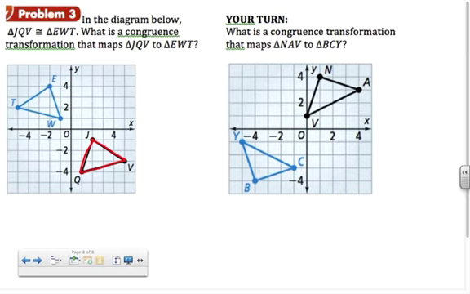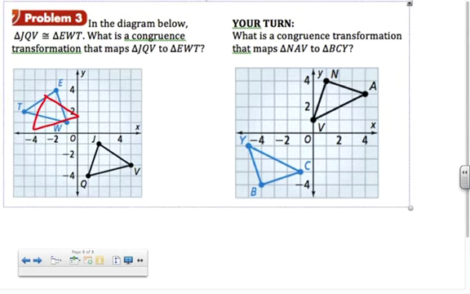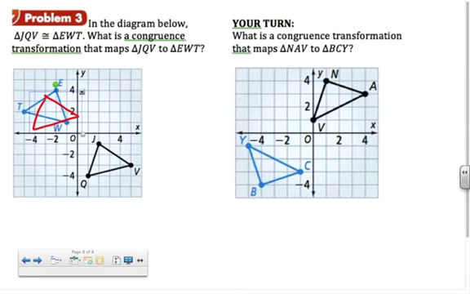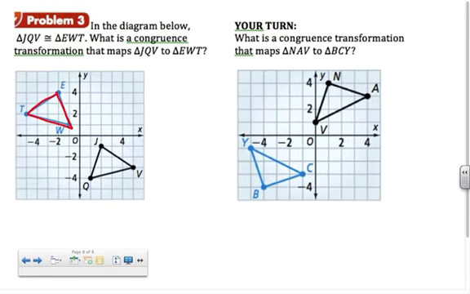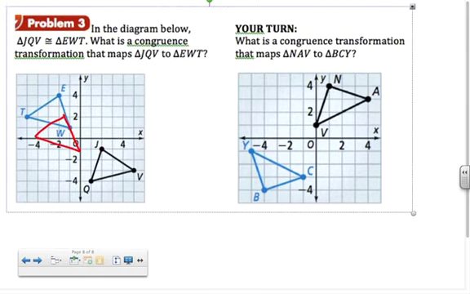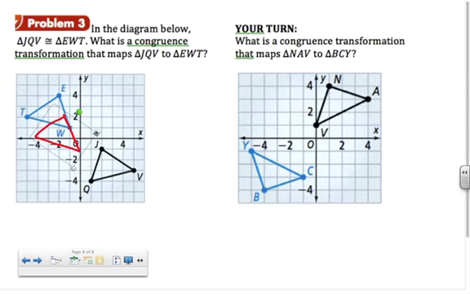I don't have tracing paper for my board, but I can take this triangle and I can turn it, if it cooperates with me. You'll notice it's close, but does it quite line up? Maybe. Let's see how far I would have to rotate it.